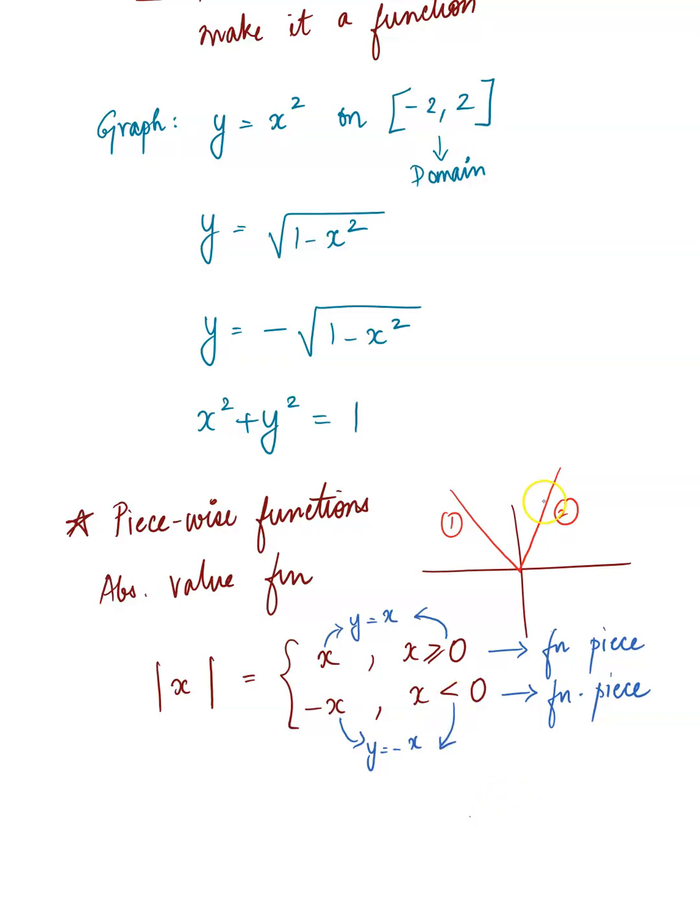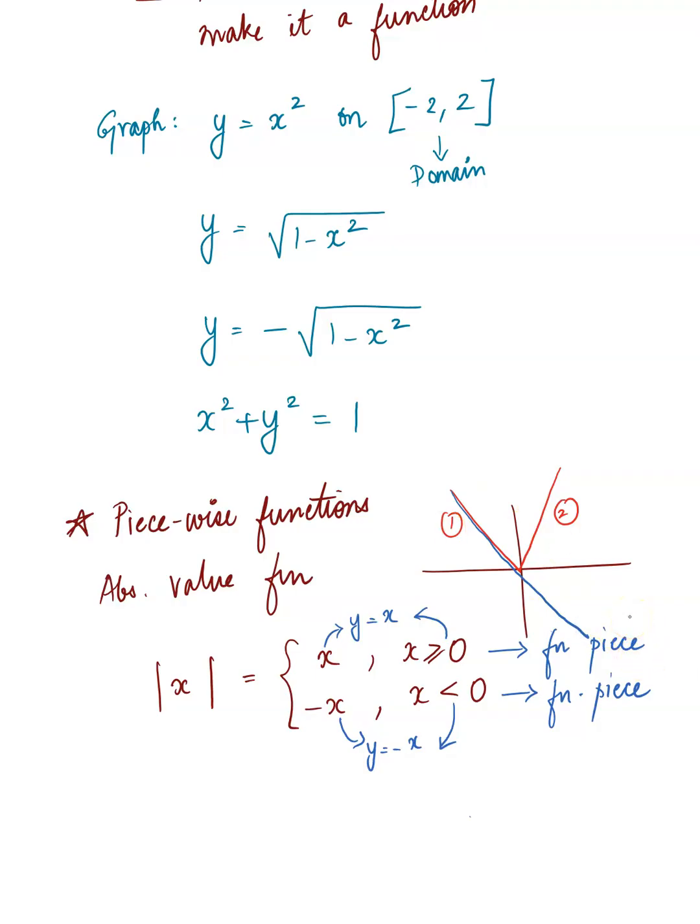Because y equals x actually would be like this, all the way down here, right? But then because you're only choosing x to be positive, this portion would go off and you just have the piece in the first quadrant. Likewise, y equals negative x is this entire piece that's going between the second and the fourth quadrant.